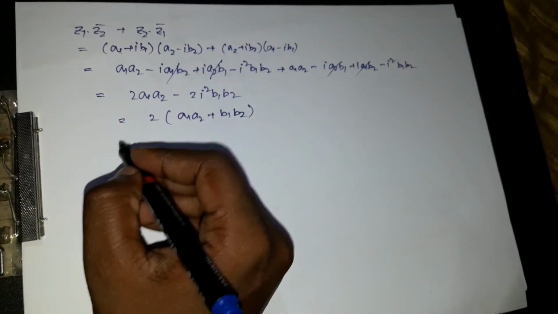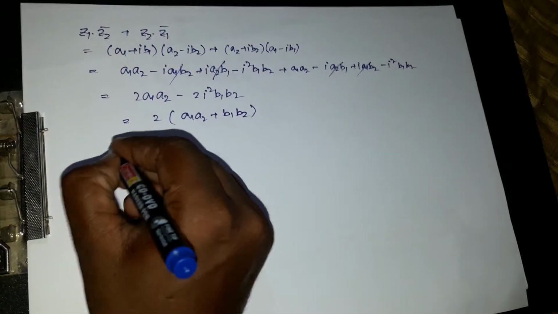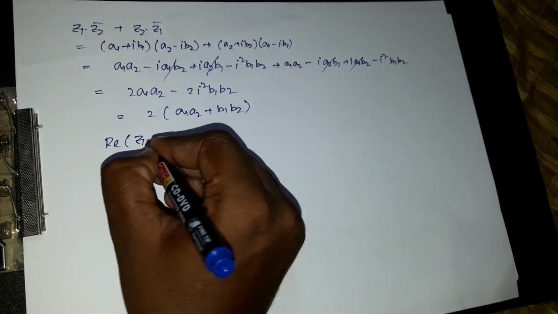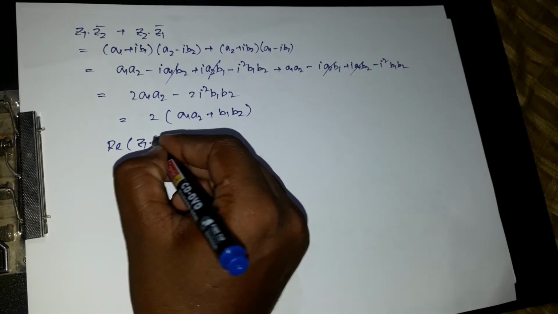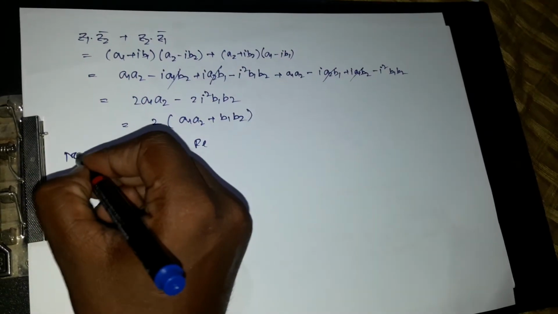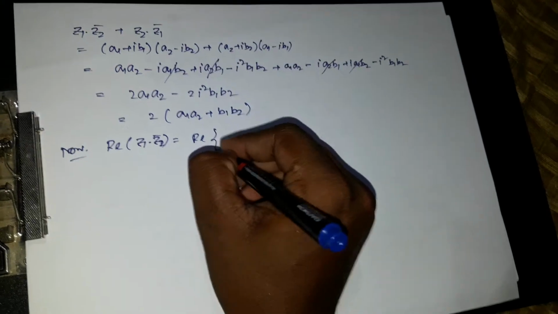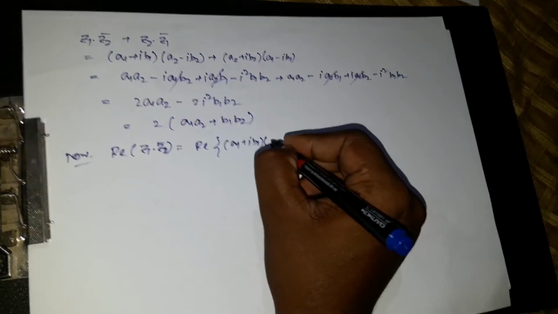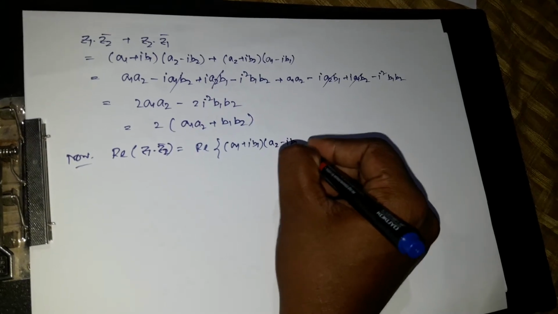And suppose the real part of z1 bar z2 equals, now obviously, a1 minus i b1 into a2 plus i b2.